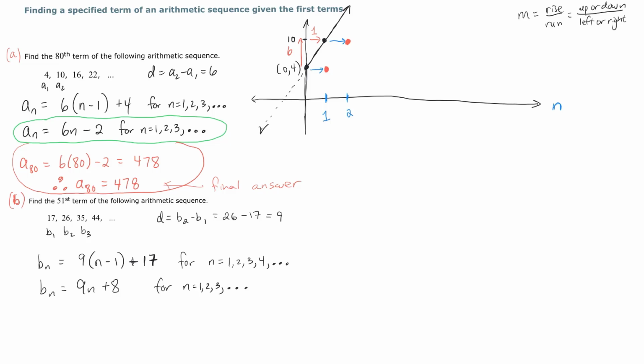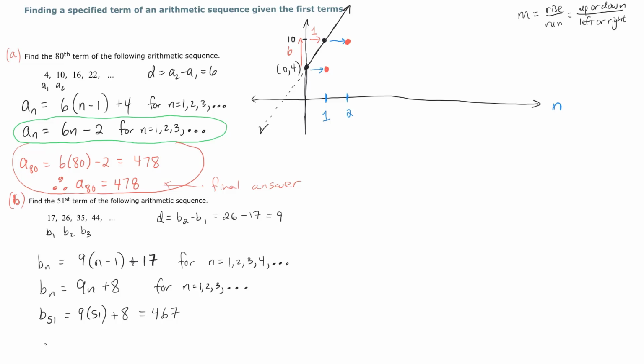We want to find the 51st term, so let's find b sub 51. Let's simplify this expression, which is 9 times 51. That's 450 plus 9, so that's 459, plus 8. 459 plus 8 is what? 467. Yeah, that's right.